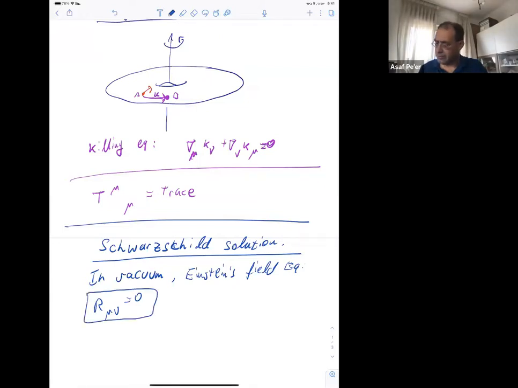It is valid, for example, right outside the star. It's not valid inside the sun. It is valid for an astronaut orbiting some star in vacuum. There's no limit.